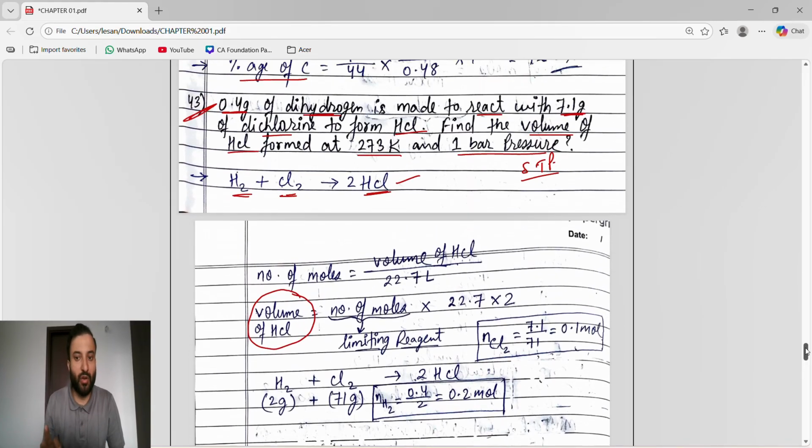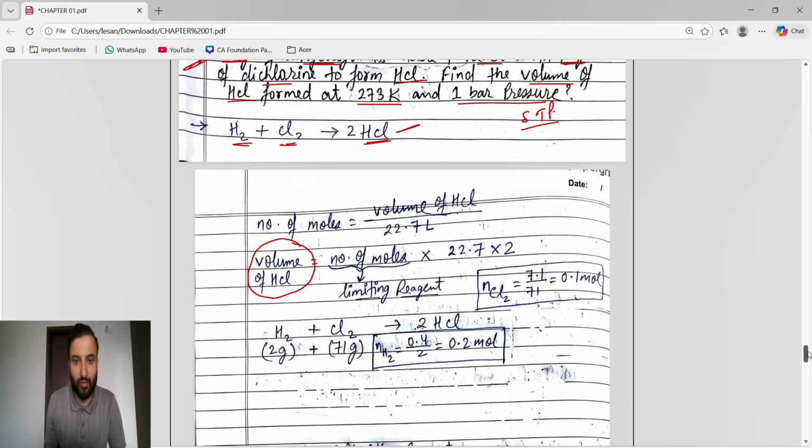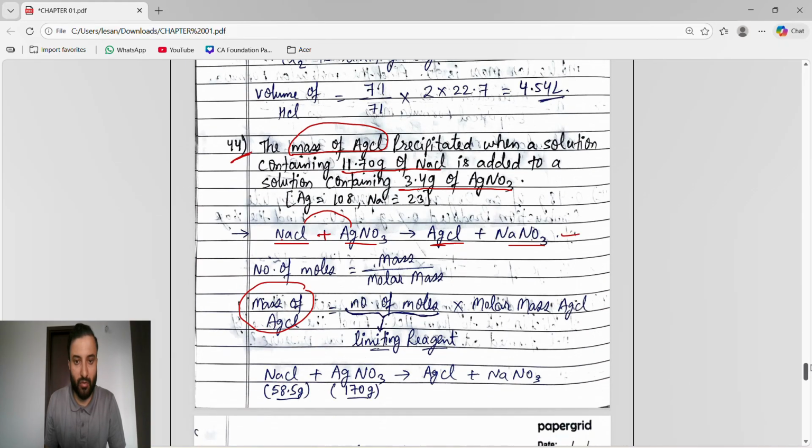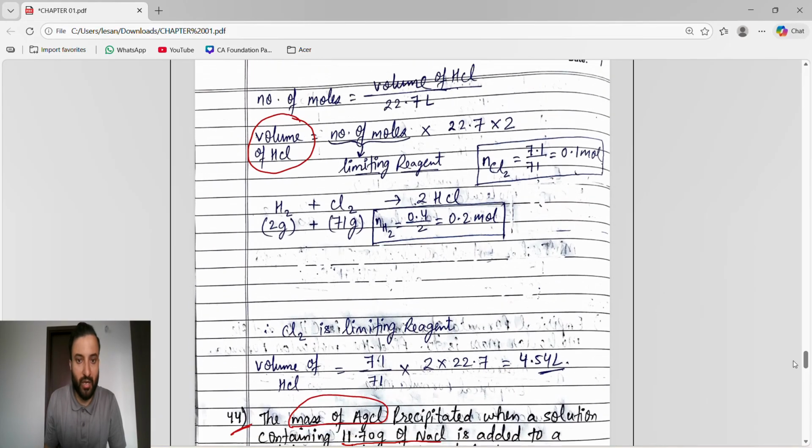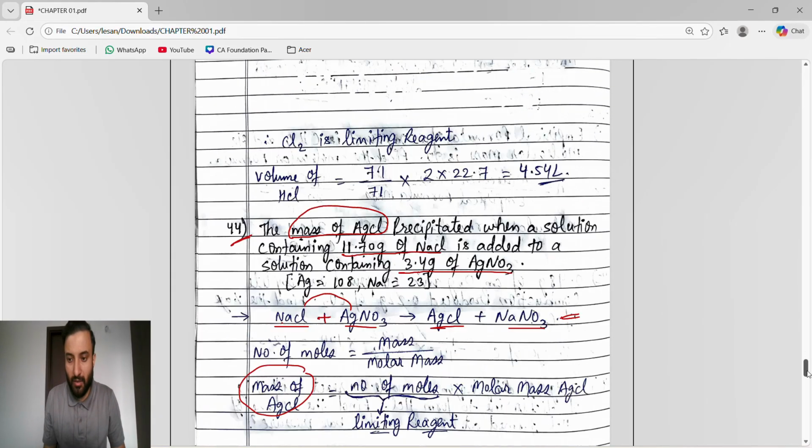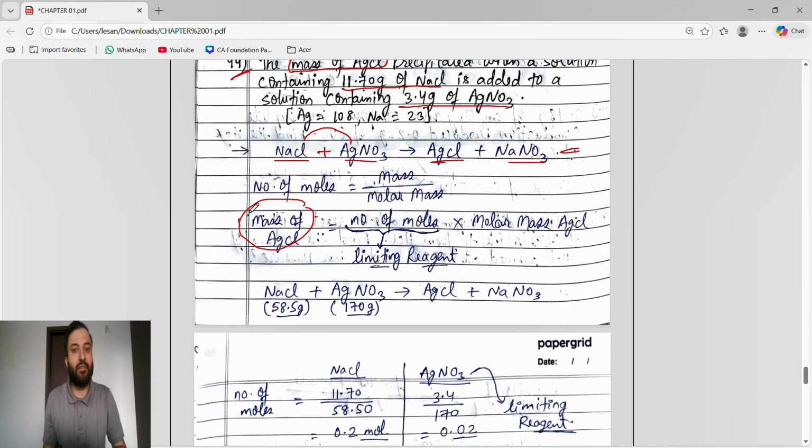See, first of all, we will write the balanced reaction. Here also we have written the balanced reaction. Done. Now guys, next we have to find the volume, and here we have to find the mass. Whenever we have to find the mass, I have told you which formula we use: number of moles is given mass by molar mass.